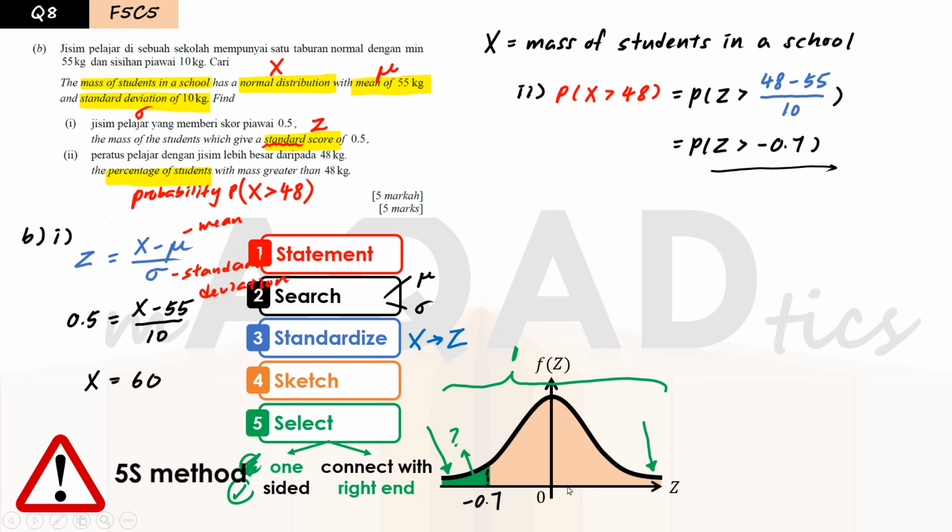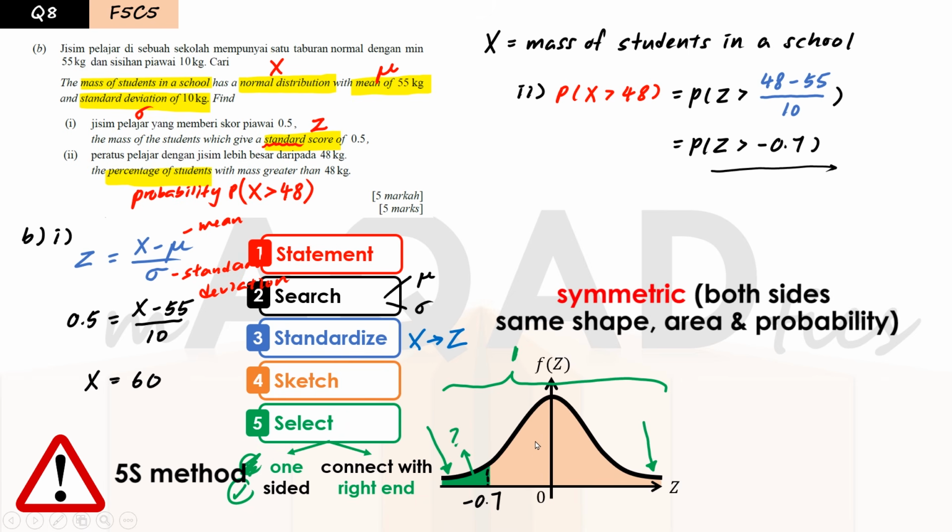Let us recall the properties of a standard normal distribution graph. The graph is symmetric. Left side and right side will have the same shape. So the area of this small part here is actually the same as the area on the right side. The area here and the area here will be the same.